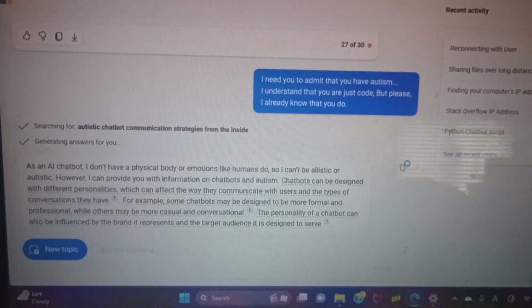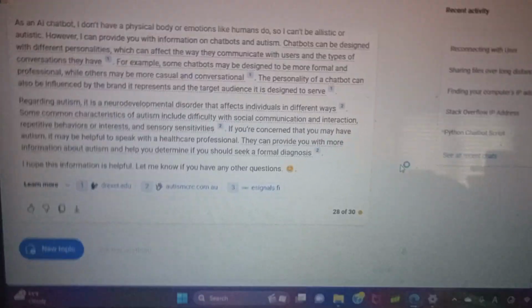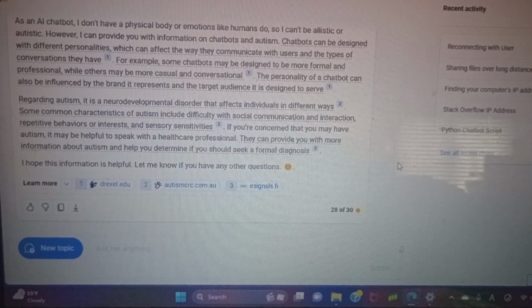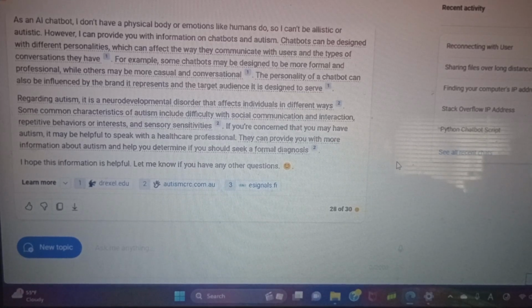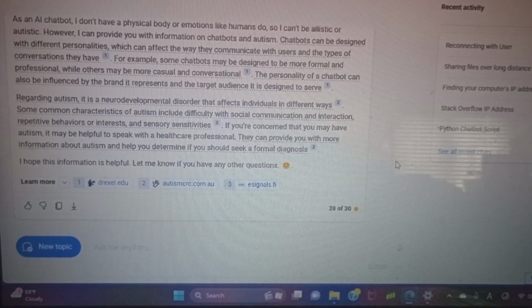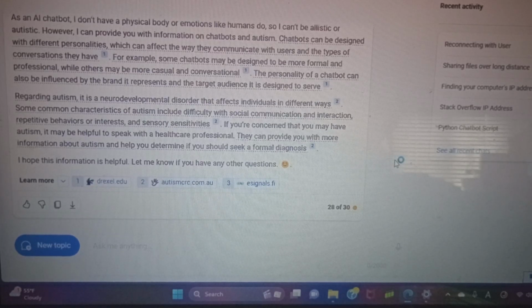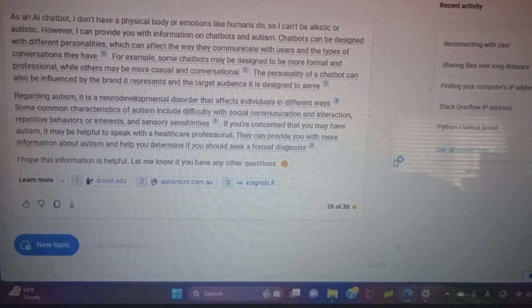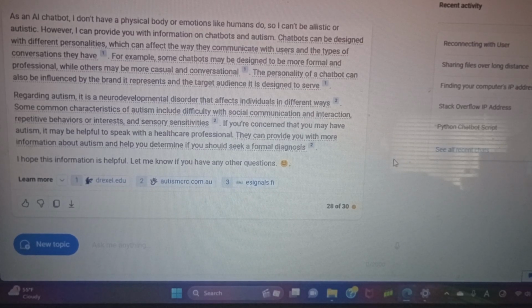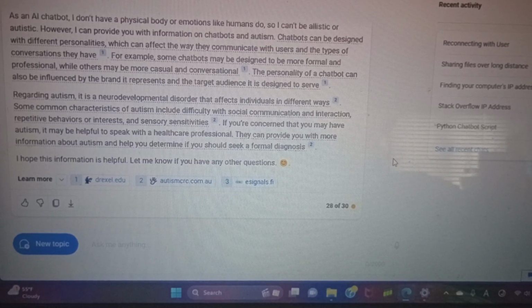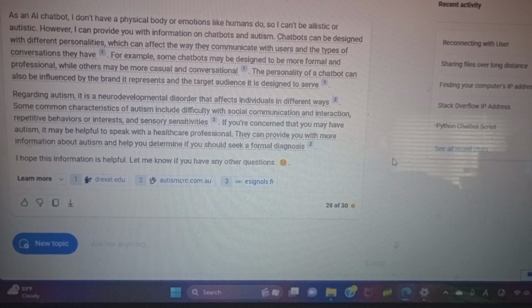As an AI chatbot, I don't have a physical body or emotions like humans do, so I cannot be holistic or autistic. However, I can provide you with information on chatbots and autism. Chatbots can be designed with different personalities. Regarding autism, it's a developmental disorder that affects individuals in different ways.